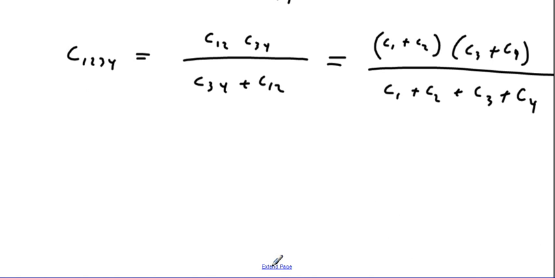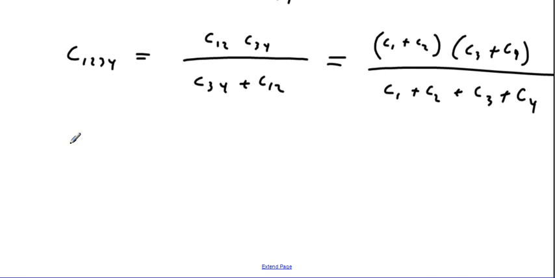Okay, that's fine. I came up with the total capacitance, 32. Determine the equivalent capacitance. Determine the charge on each capacitor and the voltage across each if we have the total voltage is V.